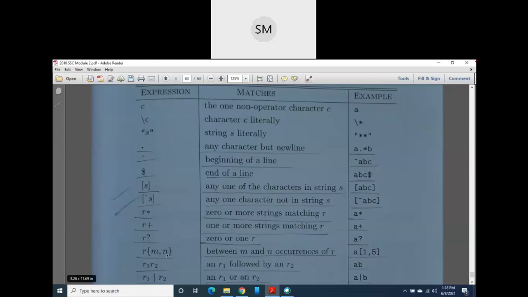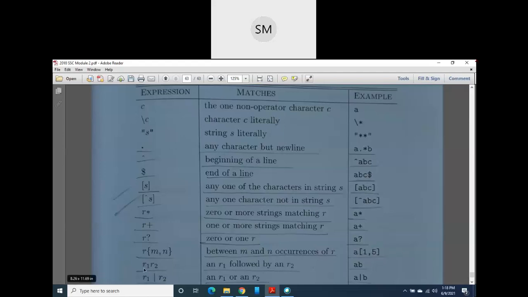R with M comma N: between M and N occurrences of R. It means that if R is present between M and N times, then only you match it. It means in between 1 and 5, whatever occurrences are there, it will match them, that is 2, 3, 4, excluding 1 and 5.